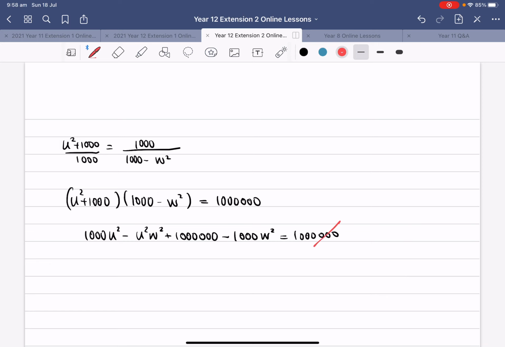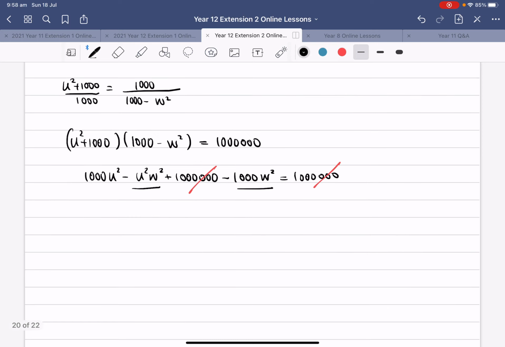We can cancel these two out and factorize the w squared out. w squared is equal to 1,000 u squared over u squared plus 1,000.